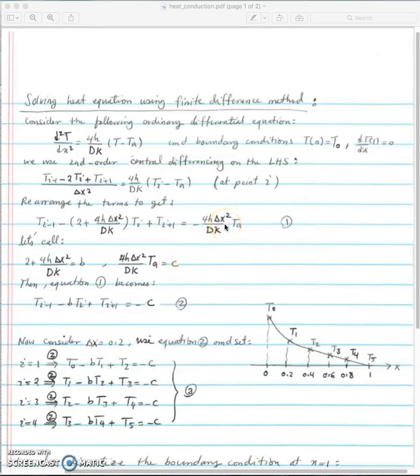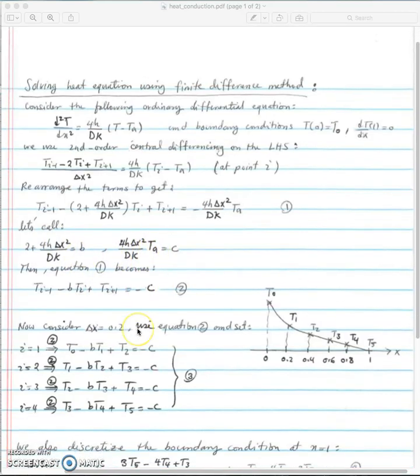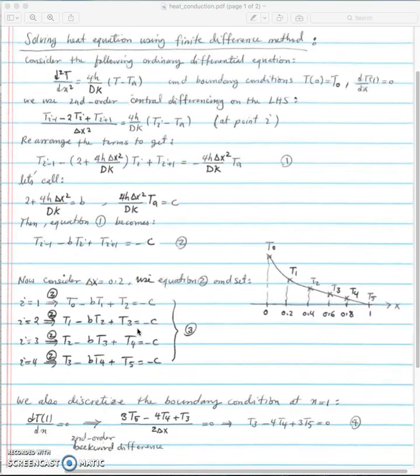So the parameters or constants B and C both are known. The unknowns are the temperatures, the Ti's. So basically, the generic form of equation 1 is going to be equation 2, where B and C are the constants we looked at before. Now we can go ahead and set i equal 1, 2, 3, all the way to basically the last point.